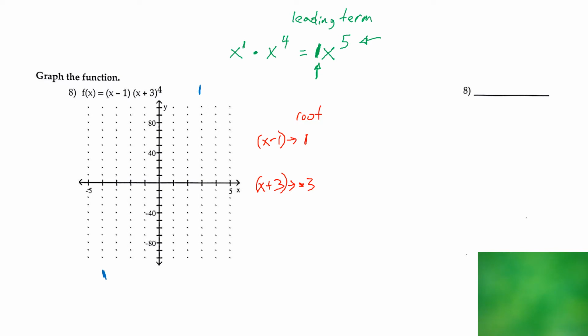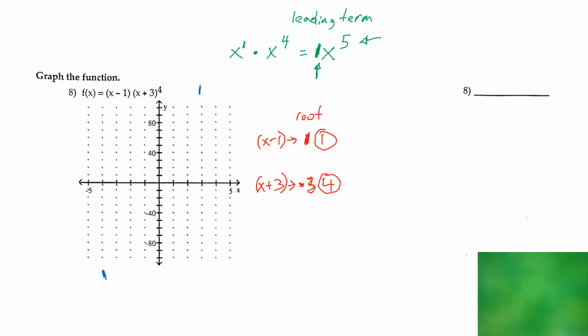In terms of the powers, this root has a power of 1. So in other words, we have a root of 1 with a multiplicity of 1. This root has a power of 4. So in other words, we're going to say that this negative 3 has a multiplicity of 4.